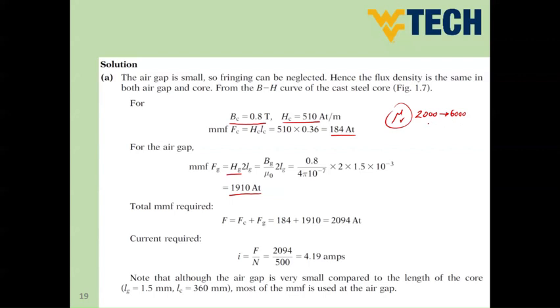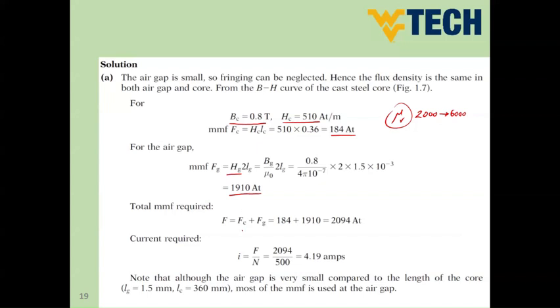So the reluctance of the air gap is expected to be 2000 times to 6000 times the magnetic flux reluctance of the core. So this is the reason why we need huge force to establish the same amount of flux in the air gap.